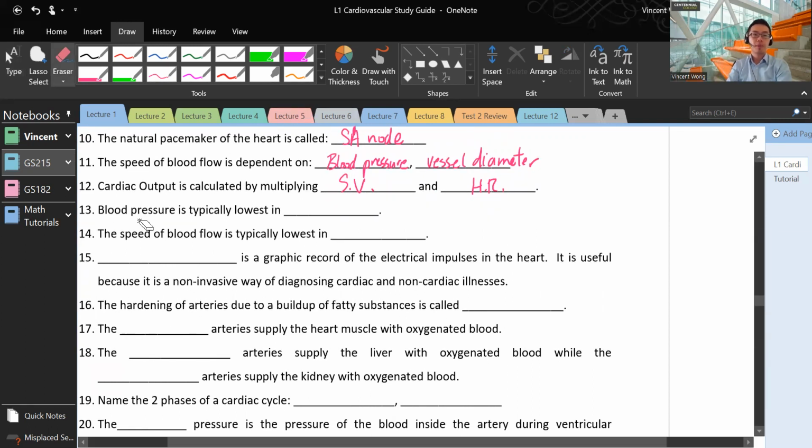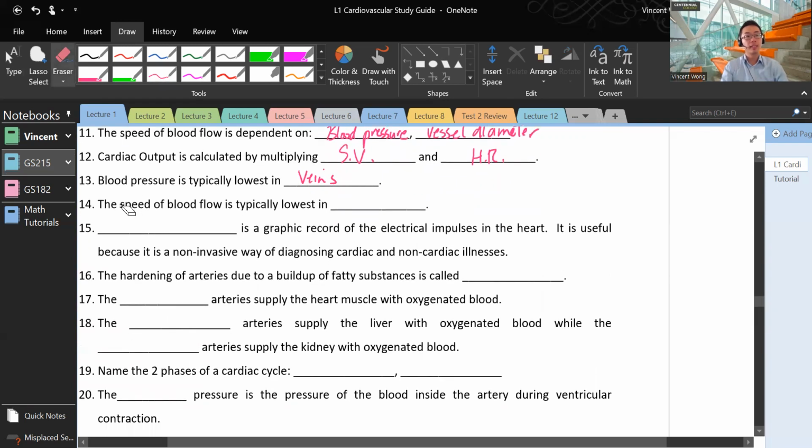What about the next one? Blood pressure is typically lowest in veins. That's correct. And then the speed of blood flow is typically the lowest in capillaries.